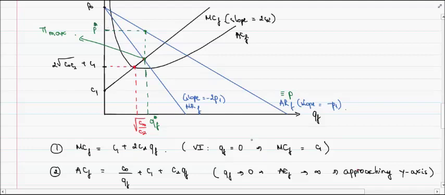So at this quantity over here, this is the price per unit that the firm is going to charge.